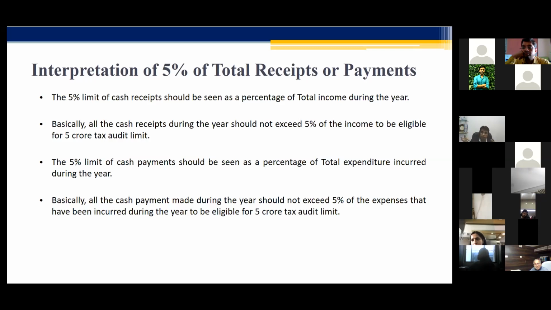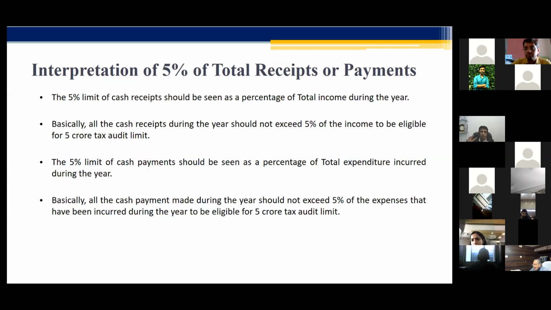Plus, if I include all such receipts, I can arrange my transactions in such a manner, by doing a particular transaction increasing my aggregate of total receipts to a certain extent, such that my cash receipts always remain within the 5%. So I think that cannot be an objective.